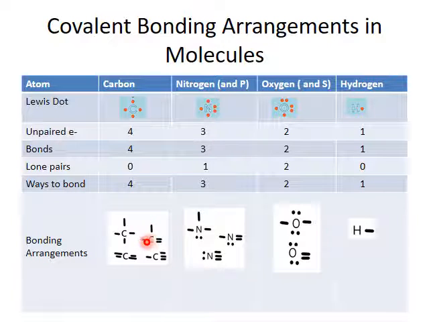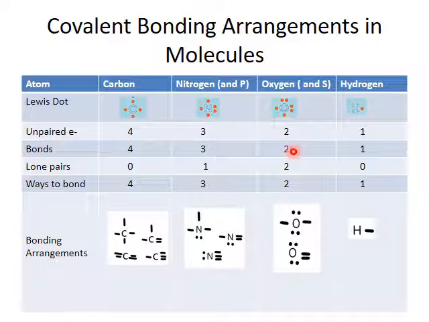Or two of the dots connect to 2 different atoms, and 2 of the dots connect to the same atom, forming a double bond. And then you can have 2 double bonds, or a triple bond and a single bond. So it has 4 ways it can bond. Nitrogen can have 3 bonds and it can have 3 ways to bond.